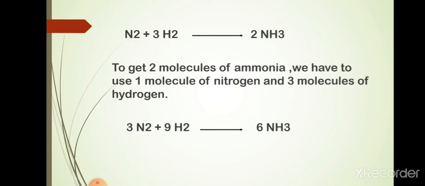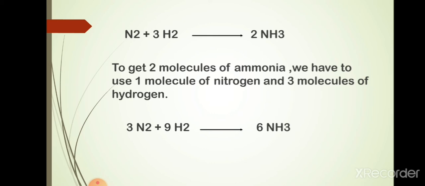Now we will look at what information we get from the stoichiometric equation for the synthesis of ammonia. Here the equation is N2 + 3H2 gives 2NH3. The information that we get is: to get two molecules of ammonia, NH3, we have to use one molecule of nitrogen and 3 molecules of hydrogen, that is 1N2 + 3H2 gives 2NH3.